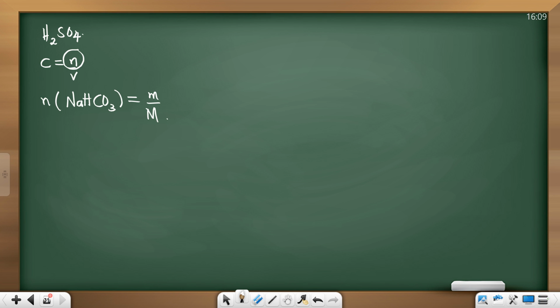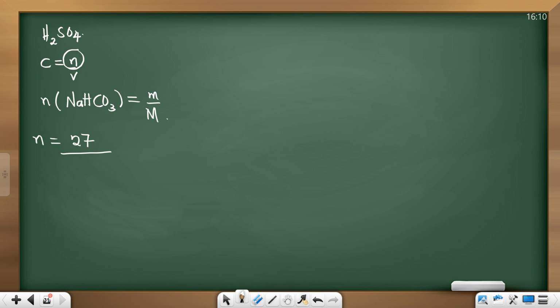All right, quickly. Are we okay with the process so far? Number of moles is mass over what? Molar mass. Do we know the number of moles? No. But do we know the mass? Mass is 27. What is the molar mass? 84, do we agree?